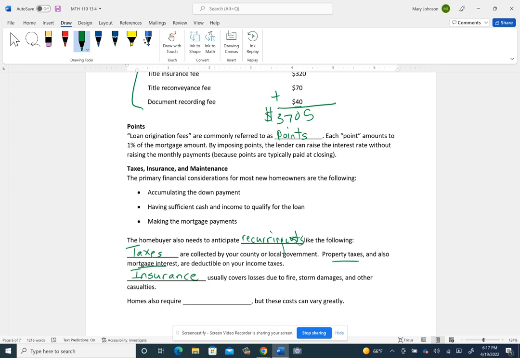And then the other cost that you incur is maintenance costs to keep your house up. But we can't really put a finger on those because those vary so much.